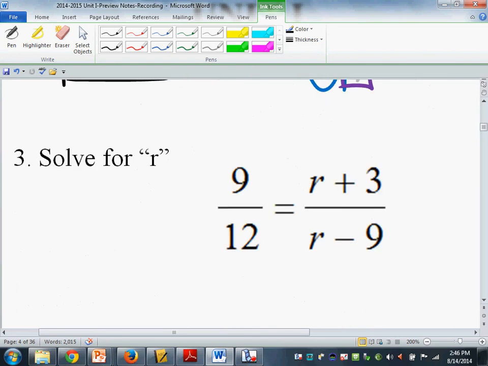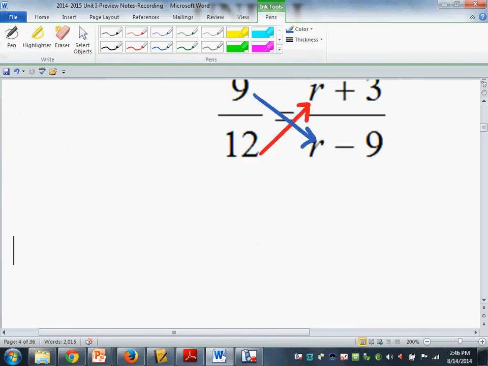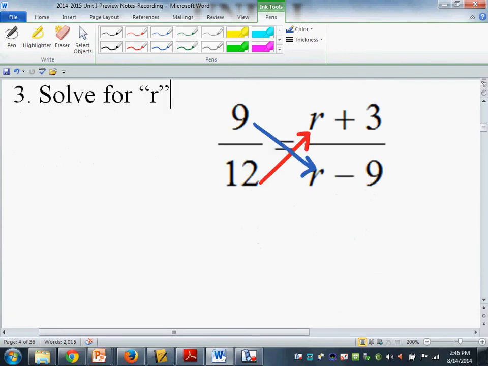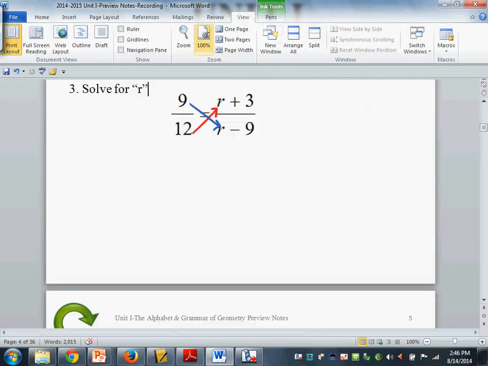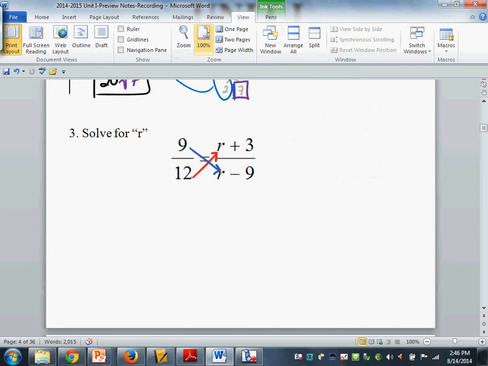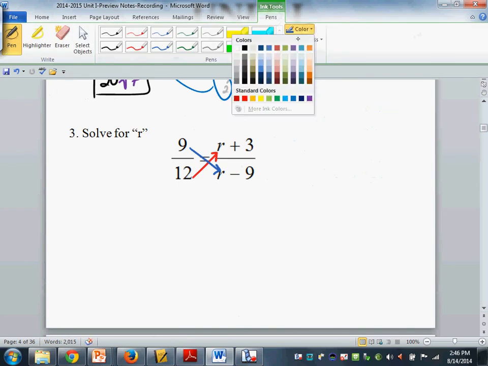Okay, the last thing we went over in class was proportions, and there were a couple rules I had about proportions. Rule number 1, you always want to draw these cross multiplication lines, always, without exception. Next is you want to show the distributive step.